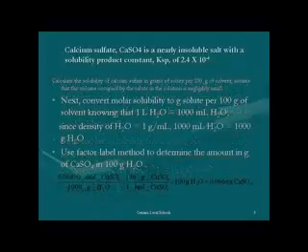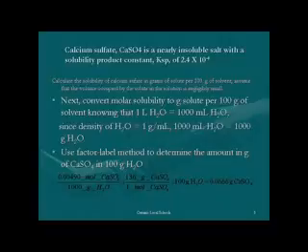We're going to convert from the molar solubility to grams per 100 grams of solvent. Some things that will help us with this are these facts. 1 liter of water is 1,000 milliliters of water, and because the density of water is 1 gram per milliliter, we can express 1,000 milliliters of water as 1,000 grams of water.